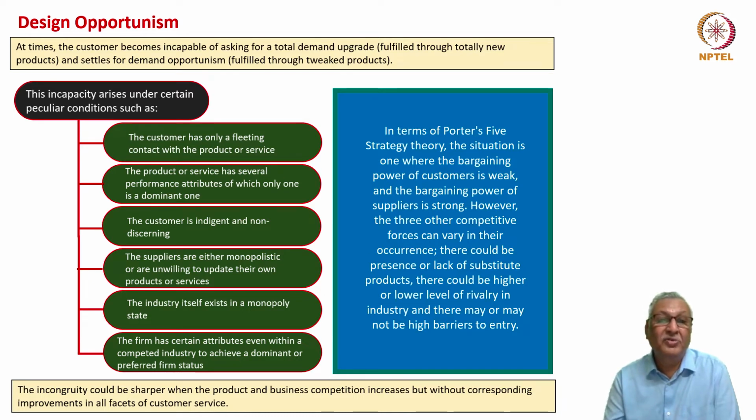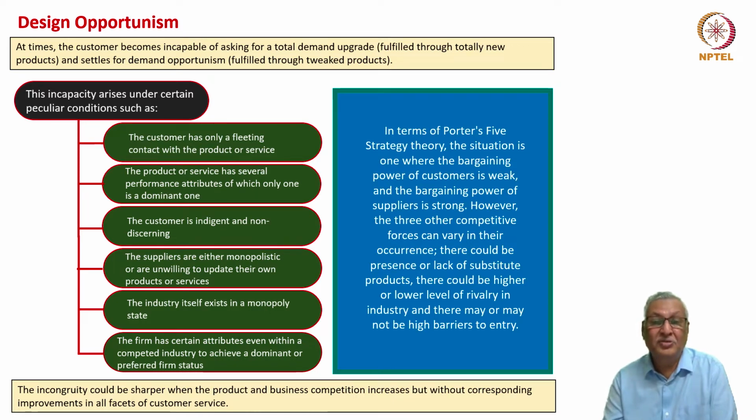The product or service has several performance attributes, of which only one is a dominant one, in which case also the integrated nature of product upgradation is not appreciated by the customer. The customer is not well-to-do and is not discerning at all, in which case industries can walk away with giving less than desirable products.